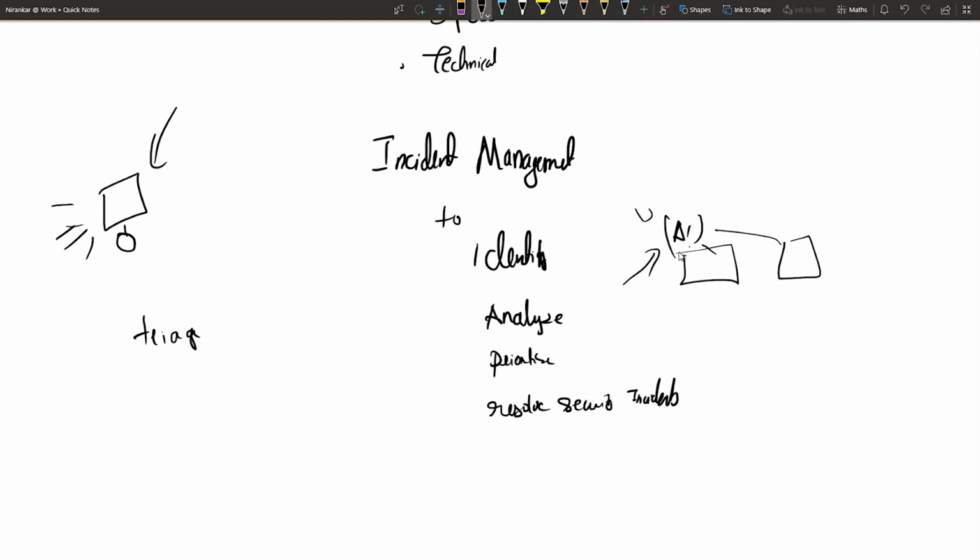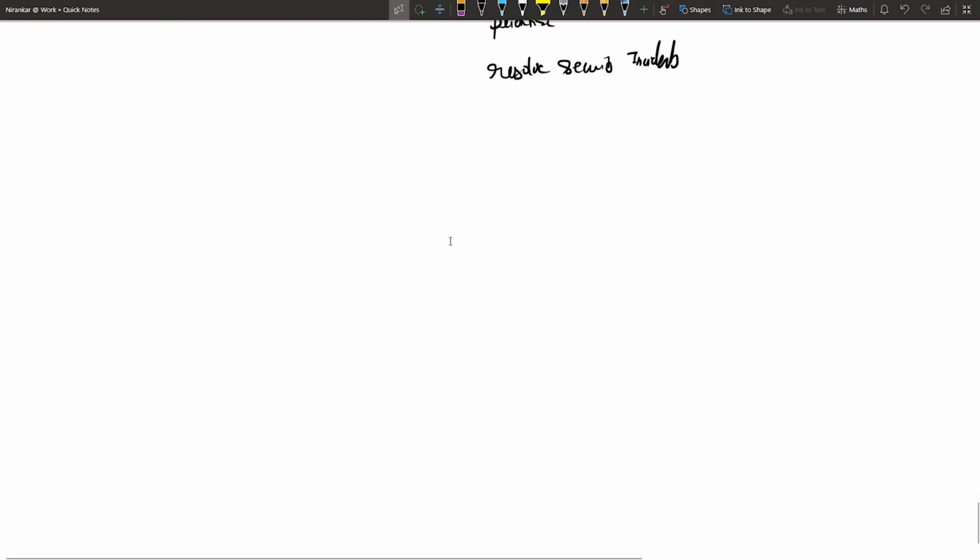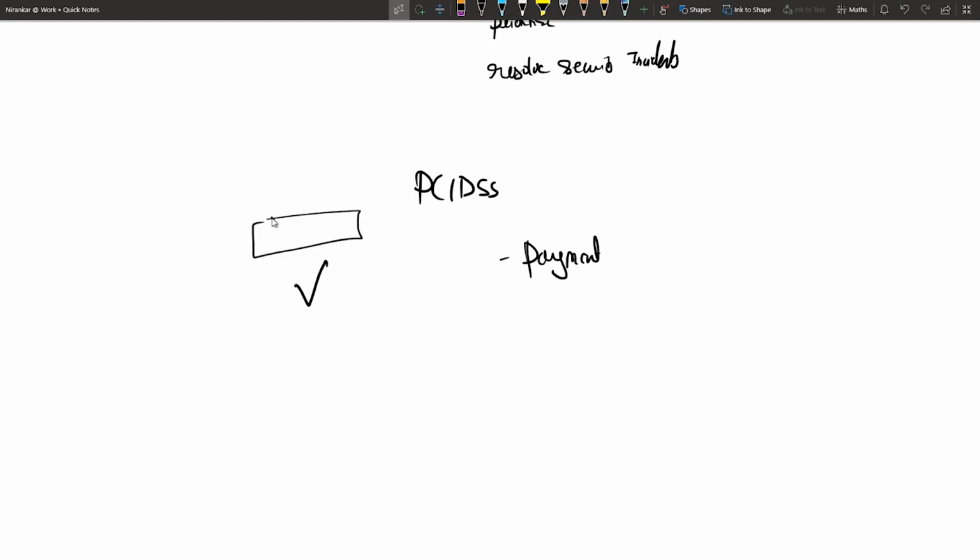Now we'll talk about the laws and standards, starting with PCI-DSS, the Payment Card Industry Data Security Standard. Whenever you make a payment, while giving the OTPs, you can see a tick mark at the bottom written PCI-DSS.